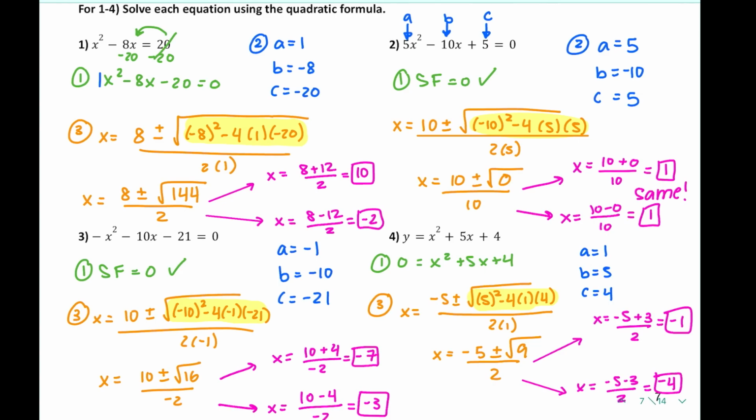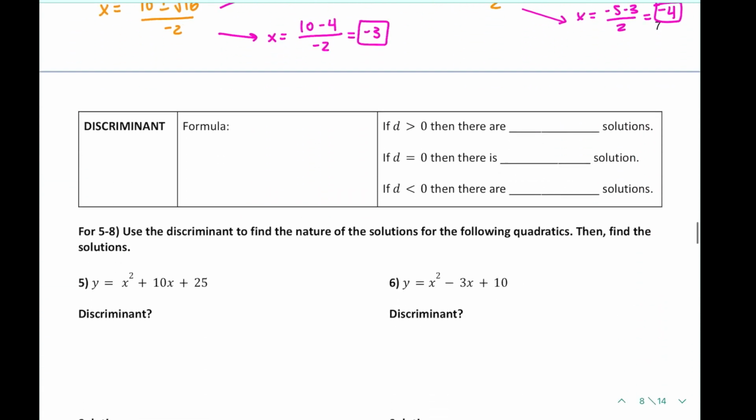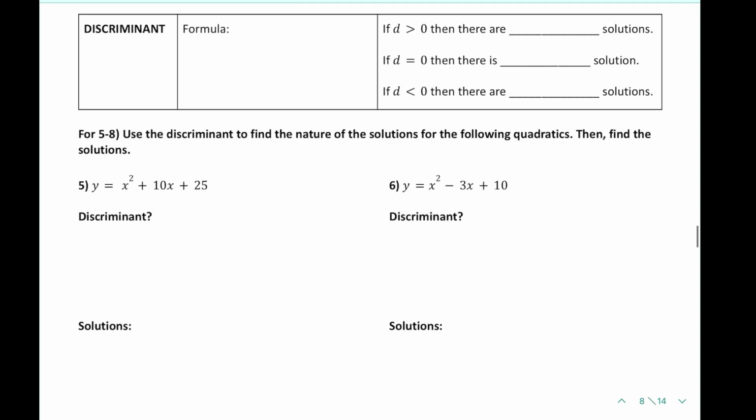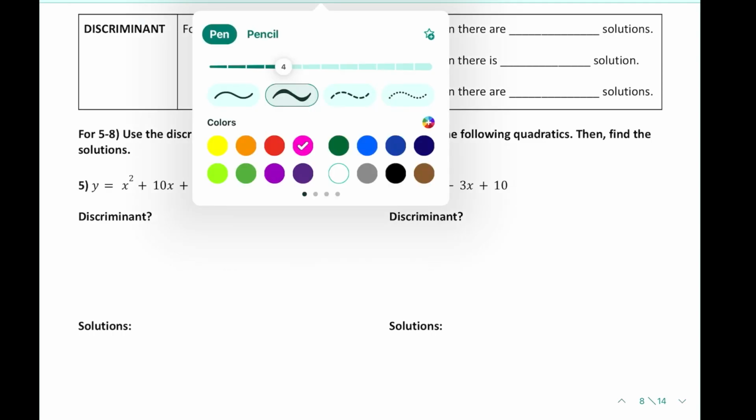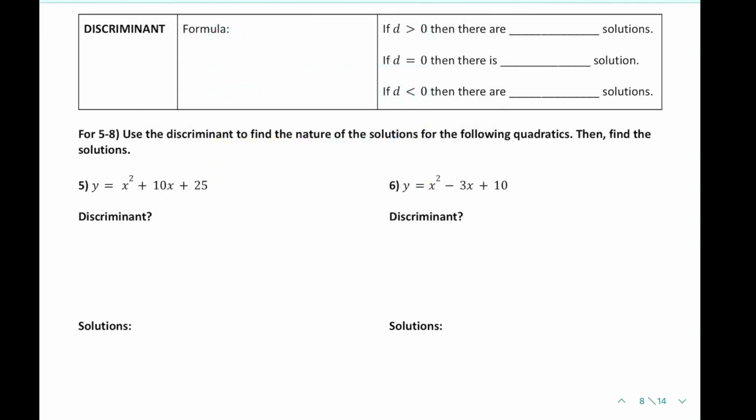So let's start by talking about just that, the discriminant. Quadratics always have something called a discriminant, and a discriminant has a formula. It's b squared minus 4ac. I've already made you practice the discriminant because that is what you put in the calculator. When I had you solve in the past, it's what's under the radical.